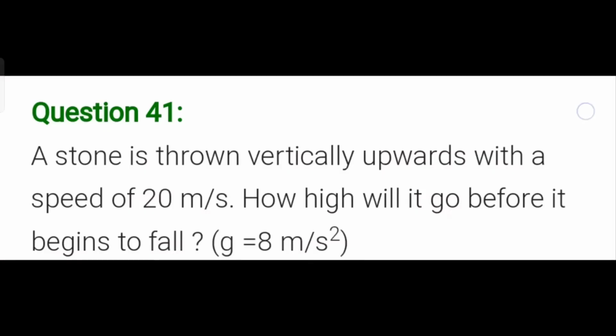Question number 41. A stone is thrown vertically upwards with a speed of 20 meter per second. How high will it go before it begins to fall? G is equal to 9.8 meter per second square.